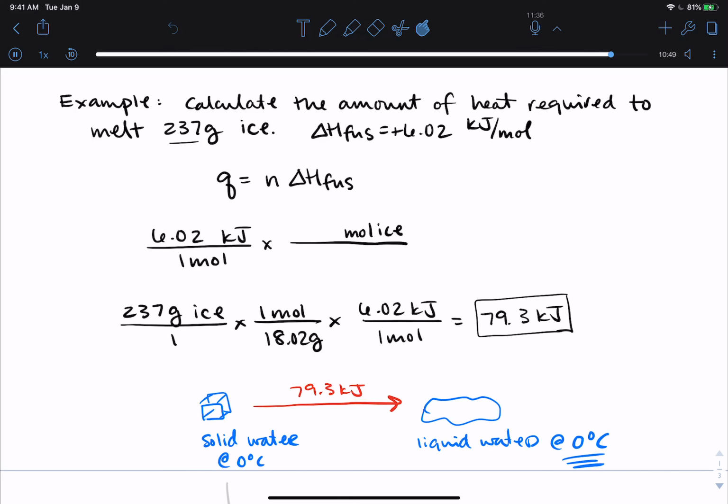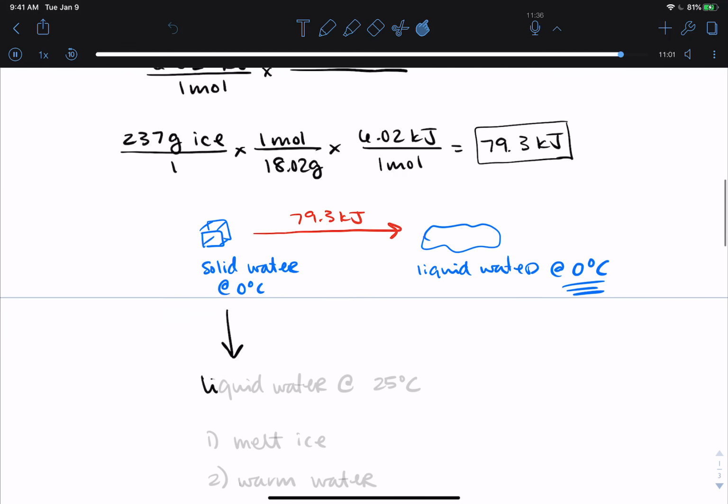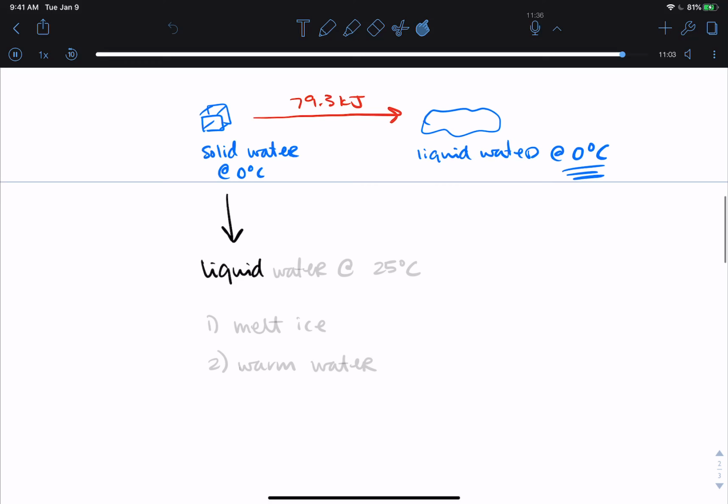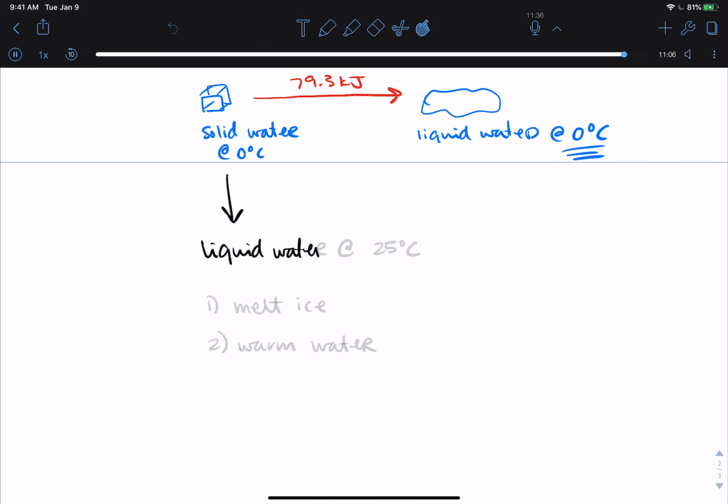What this is going to make a difference for in your calculations is that if you wanted to take this solid water at 0 degrees and turn it into liquid water at a different temperature, let's say 25 degrees, this requires 2 steps.